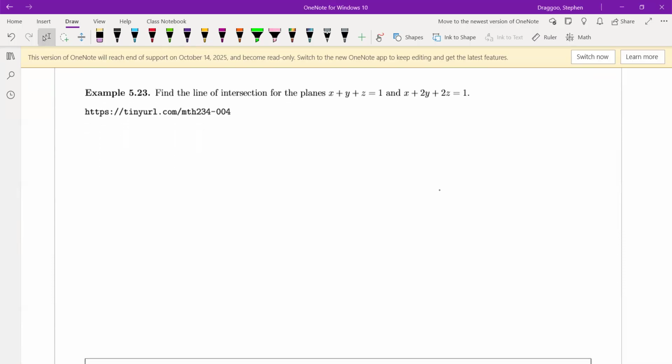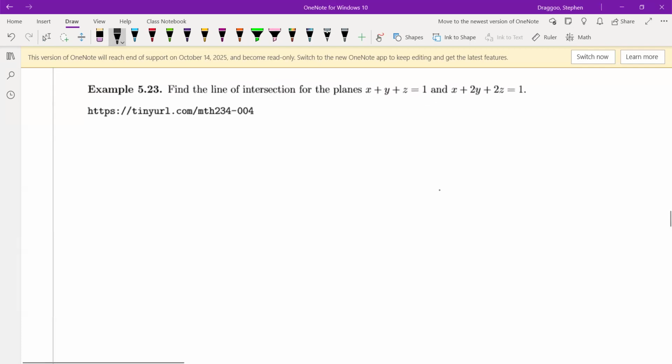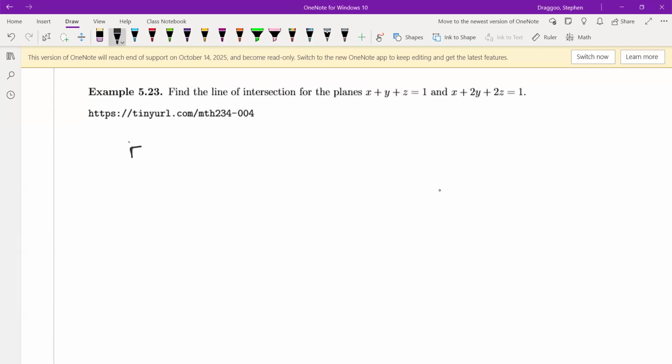Right. Then if we're going to figure out a line of intersection between a couple of planes, well, let's take this to the definition of a line, which is r(t) is equal to r0 plus tv.